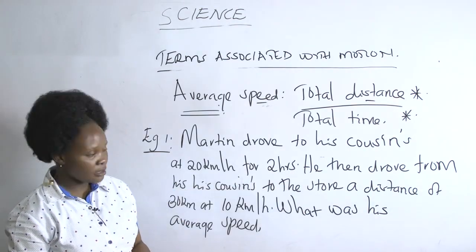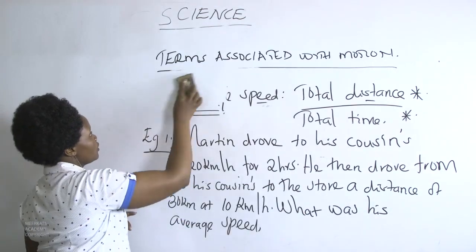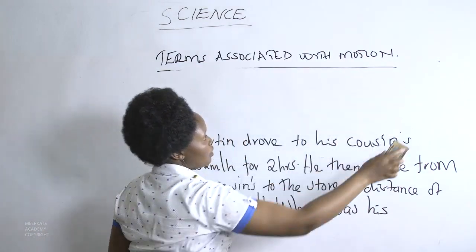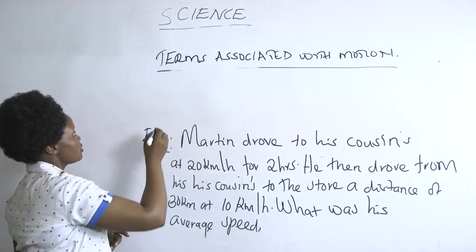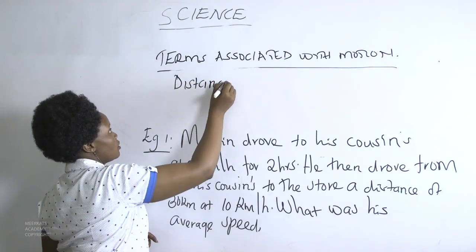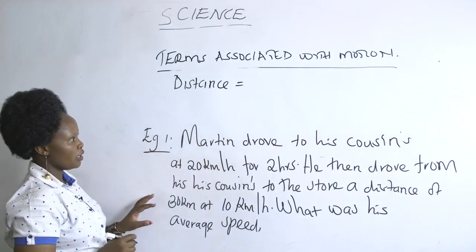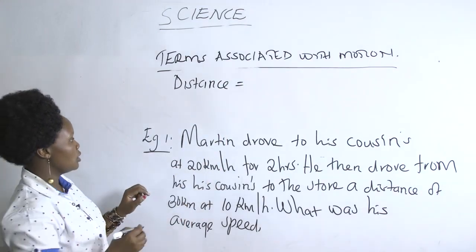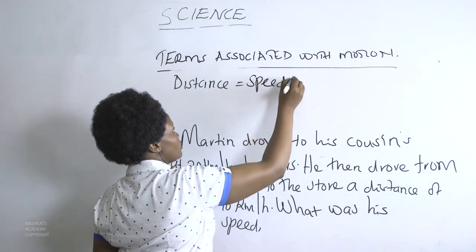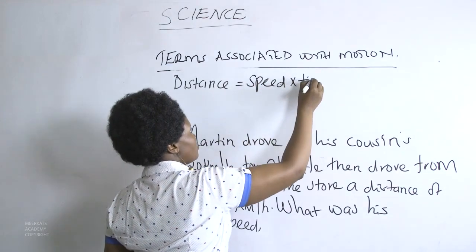So for that bit of the journey, the distance is going to be given by speed times time.